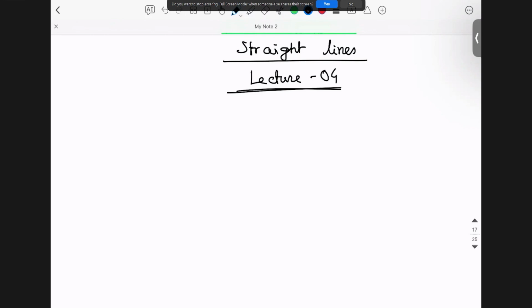So, in the last classes, we have discussed straight lines, how we can obtain the equation of a straight line in different forms, and also its intercept form and at which point a straight line intersects either axis. Also, we have discussed the slope of the tangent, and using the slope of the straight line, how we can get the equation of the straight line.